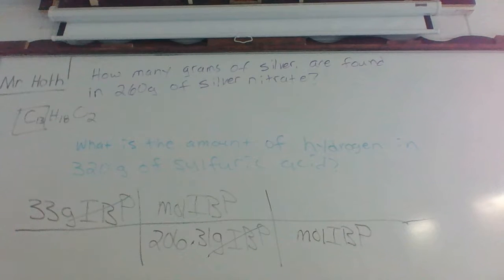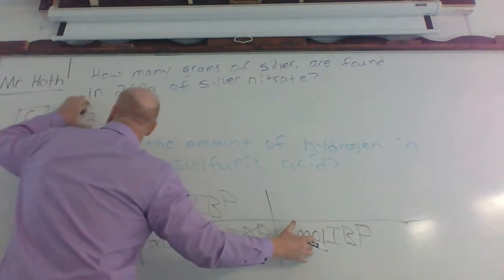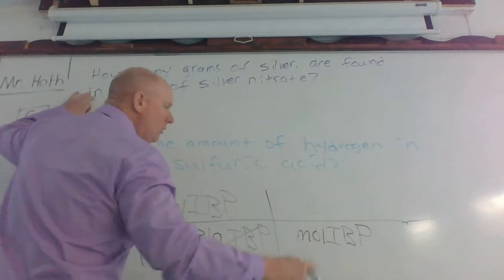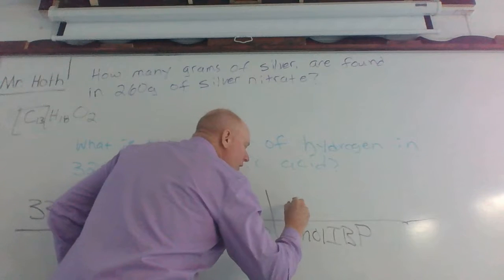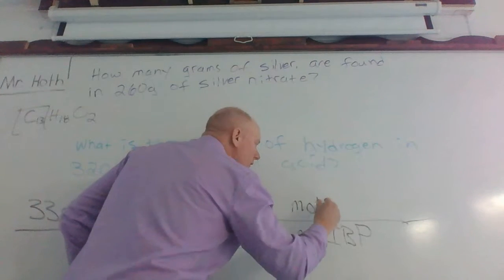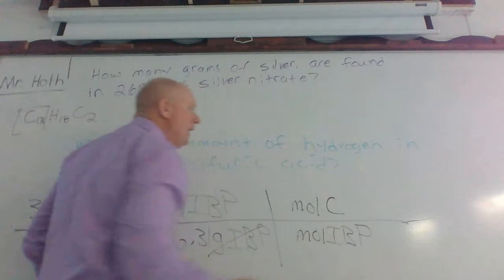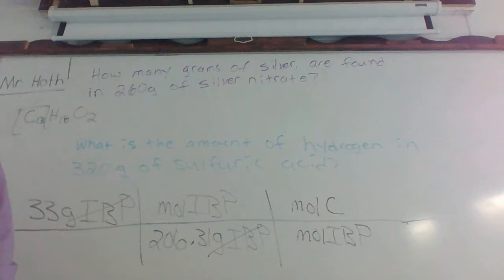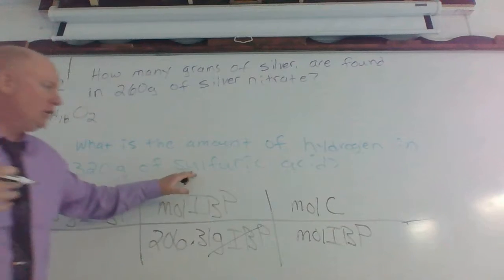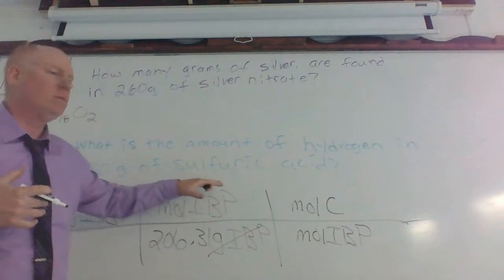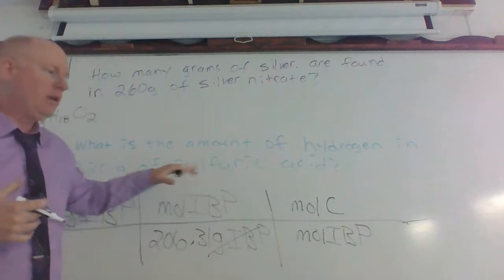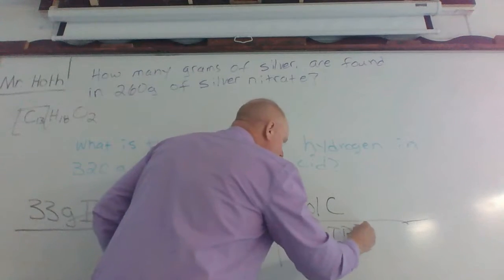Again, we want just carbon. This is moles of this entire substance, so we want just the amount of carbon there, because you correctly identified what these two factor labels do: they cancel each other out.